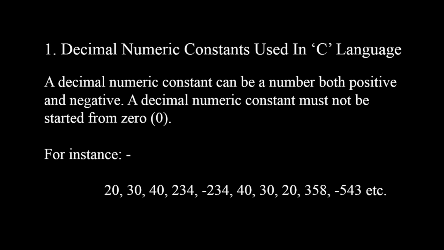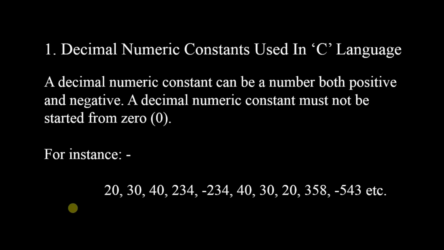A decimal numeric constant must not start with 0. It means that it is not going to start with 0. It is always going to start with a positive or negative value.